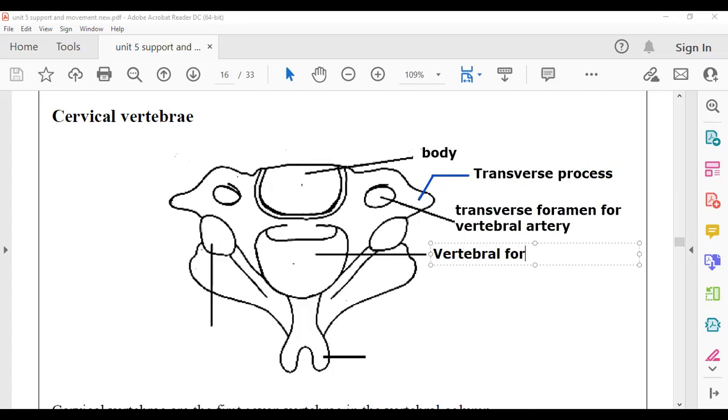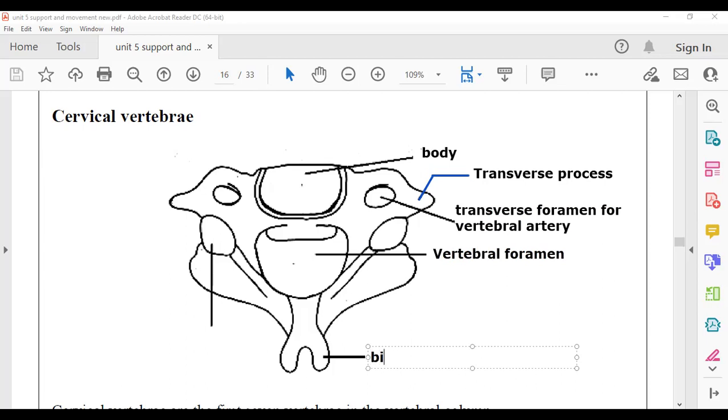So in the typical vertebrae also we spoke about vertebral foramen. This is another one. So what is that? Biped spine.